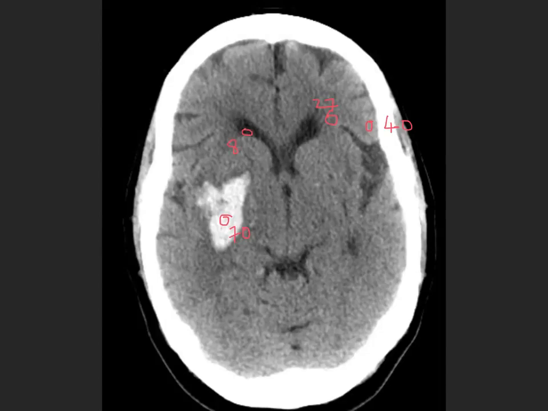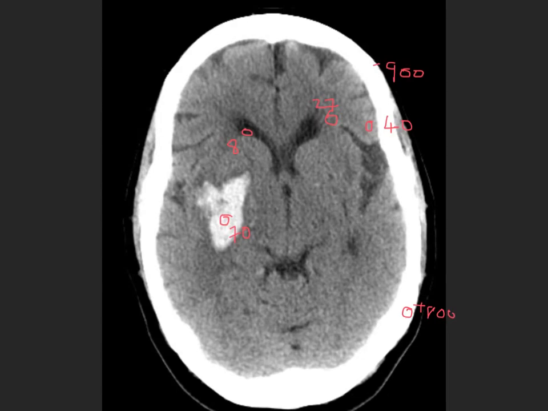And then if we had air in the sinuses, which we don't have here, but we have air outside the patient, that's about minus 900 Hounsfield units. The very dense bone in the skull is going to be about plus 800 Hounsfield units.